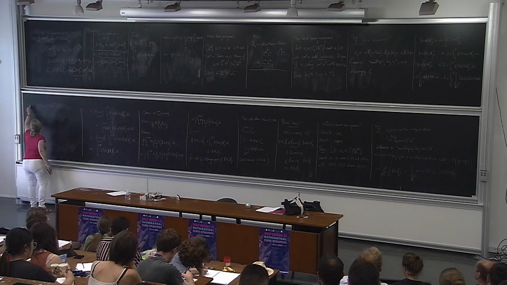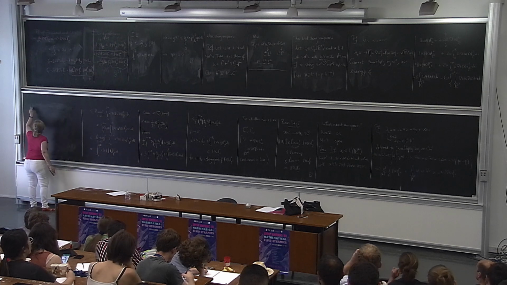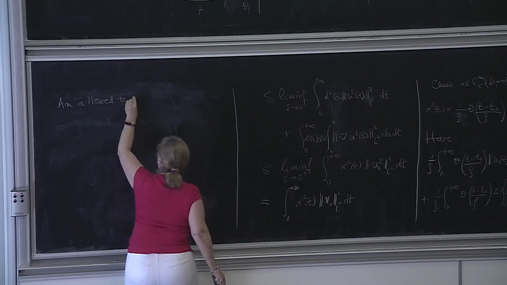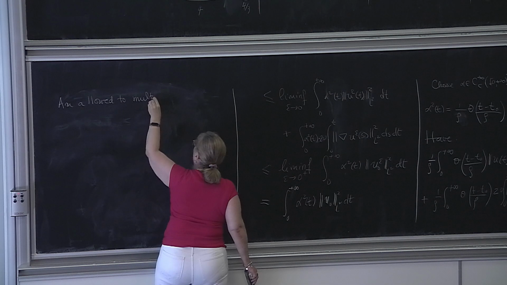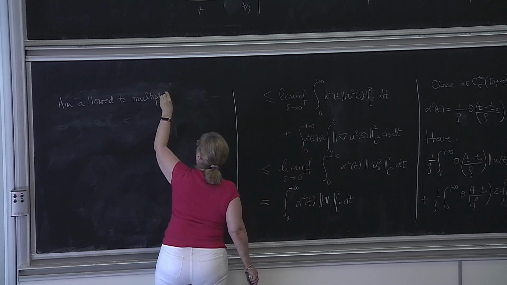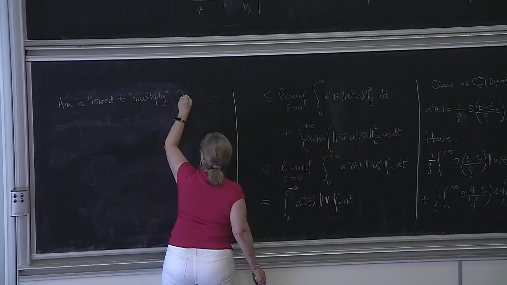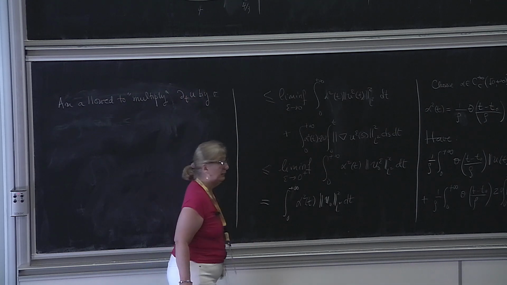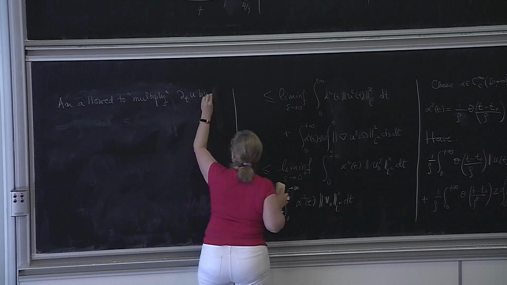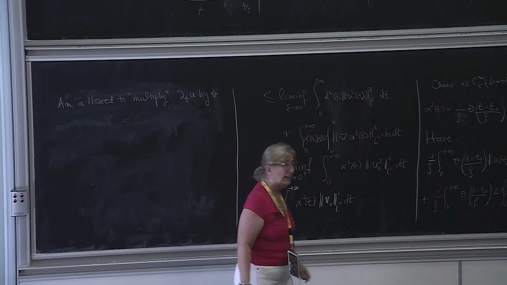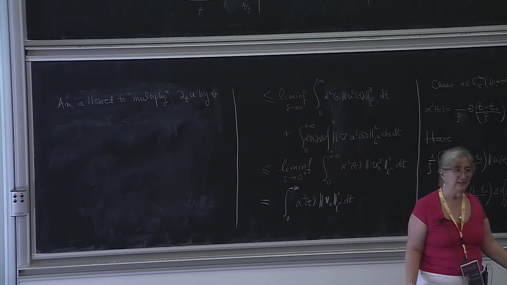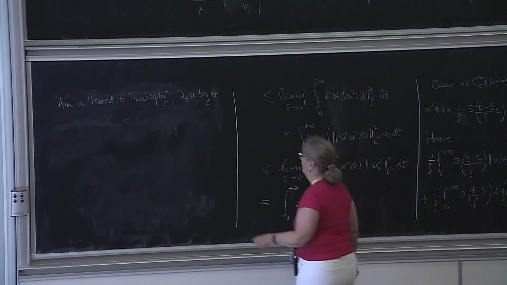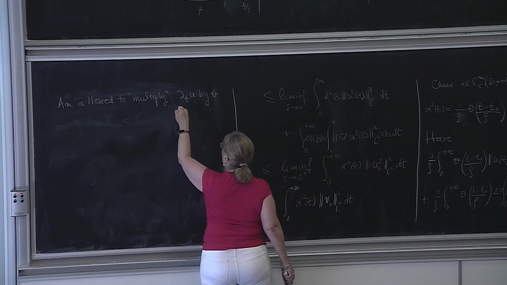Now, I am allowed to multiply d_t u by v, because my v belongs to L infinity H1, v is a strong solution, and d_t u belongs to L 4/3, H minus 1.